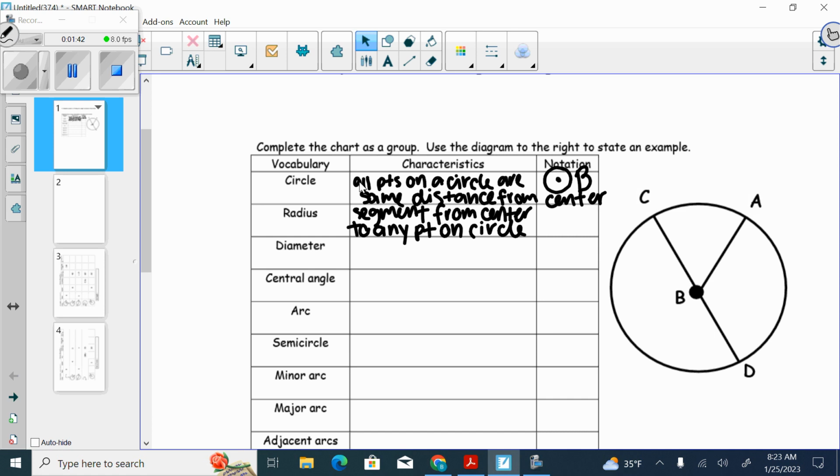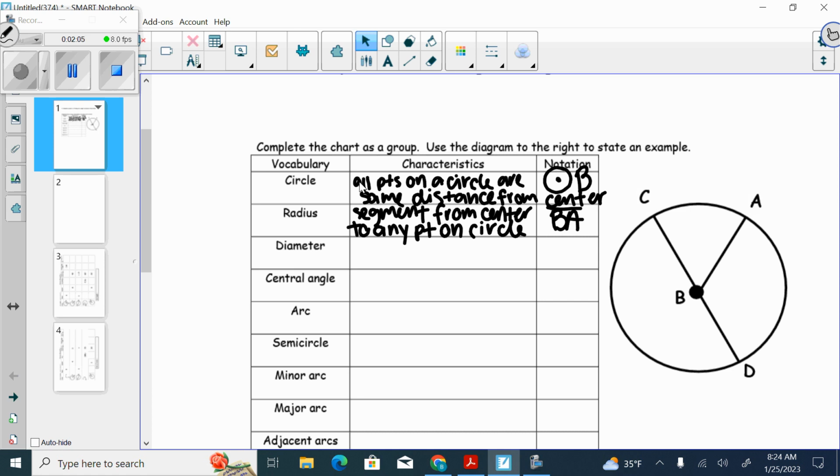So in this drawing here, what would be an example of a radius? BA. Right, this segment BA. We also could have chosen BC or BD, as long as it goes from the center to the edge. Good. Okay, what about a diameter?